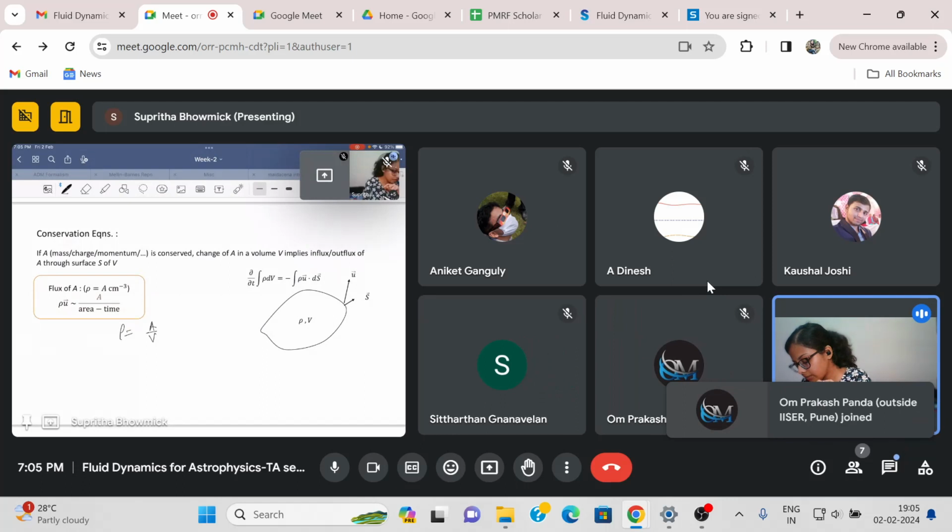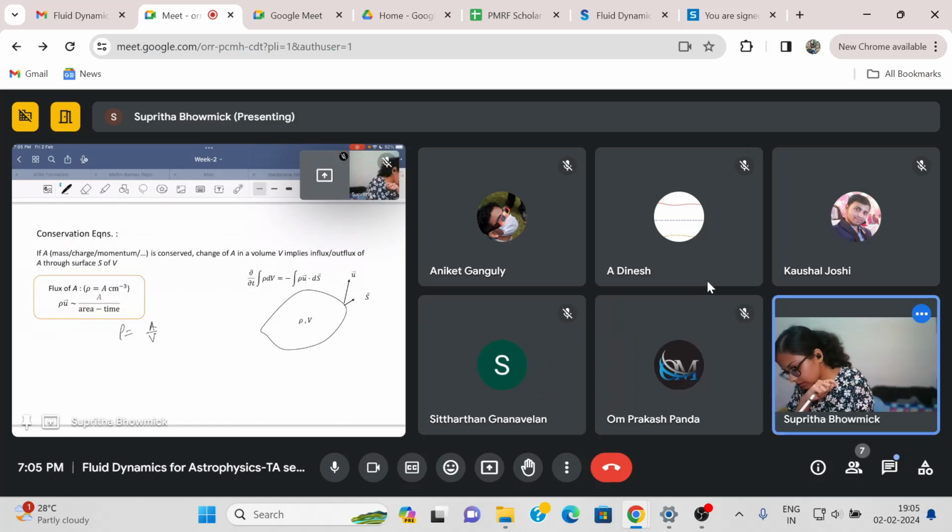And since you're talking about the flow of this quantity A per unit area per unit time, all you have to do is multiply by a fraction which is length by length, and you'll have your required quantity. Okay.